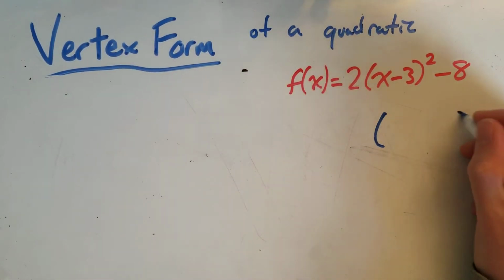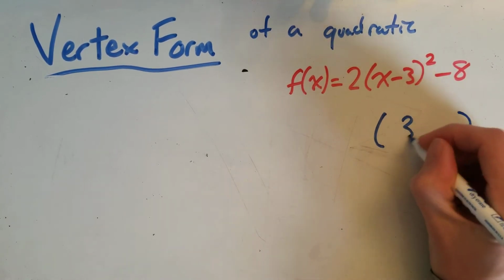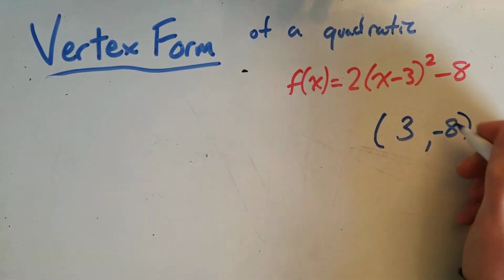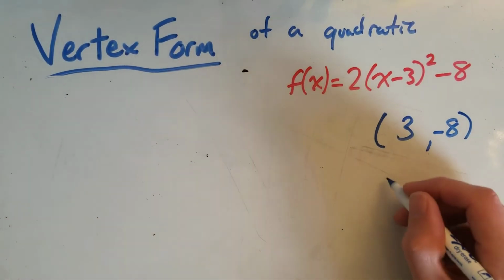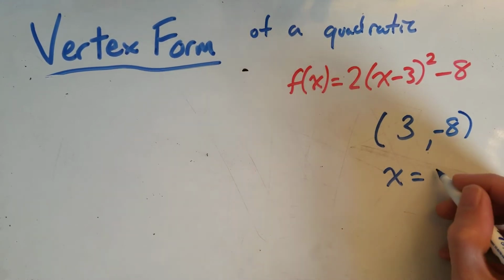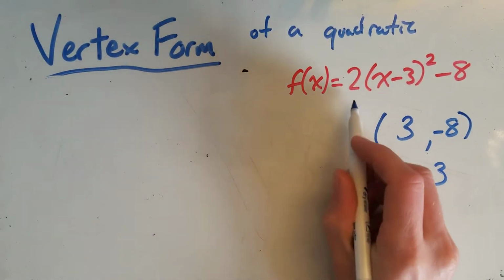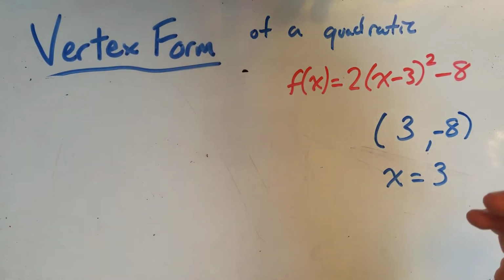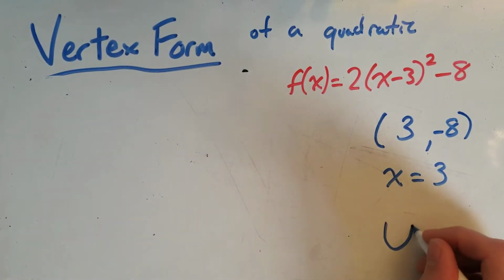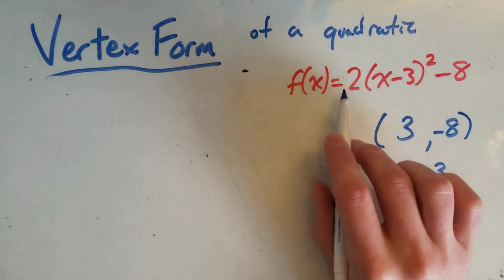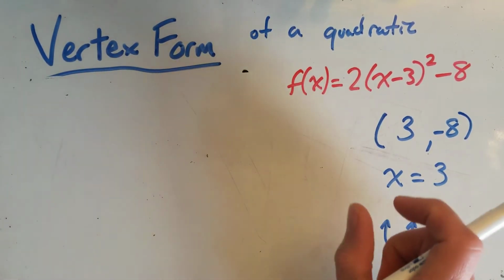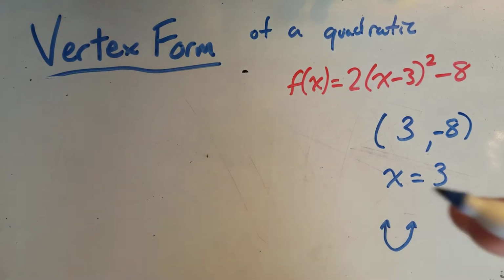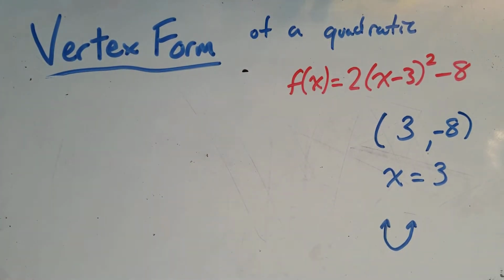We're subtracting 3, so it's going to be 3, negative 8. That's going to be our vertex, which means our axis of symmetry is going to be x equals 3. Looking at the a value, it's 2, so the a value is positive, so we should expect it to open upward. And 2 is greater than 1, so it's going to make it a little more narrow because it's going to change increasingly, like at a higher rate.